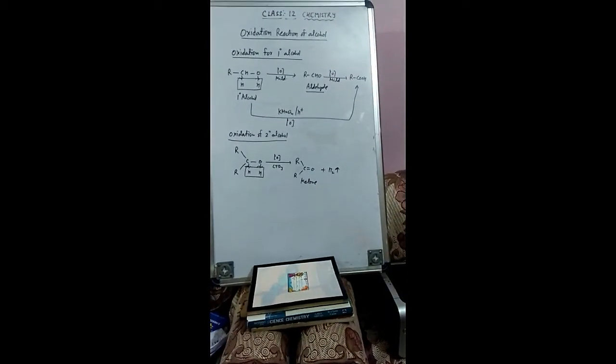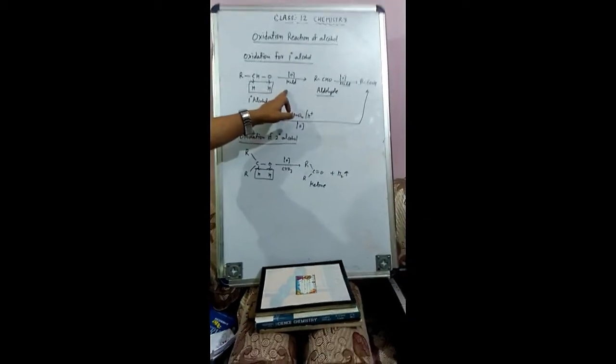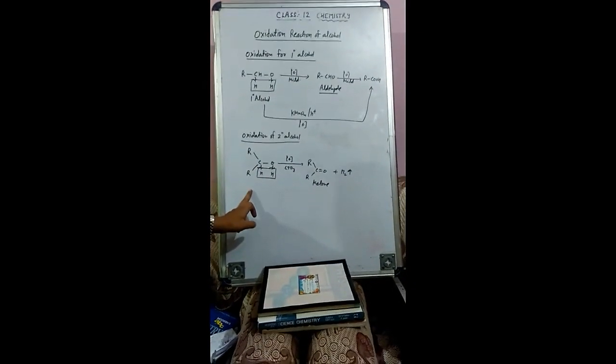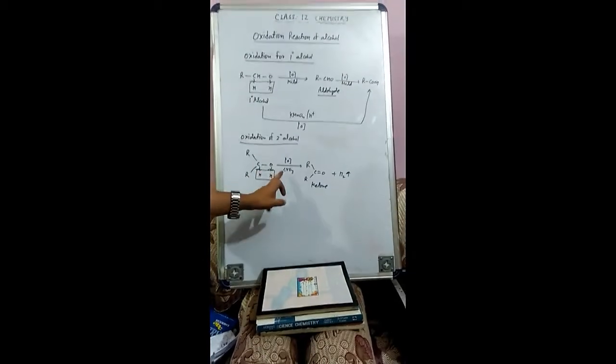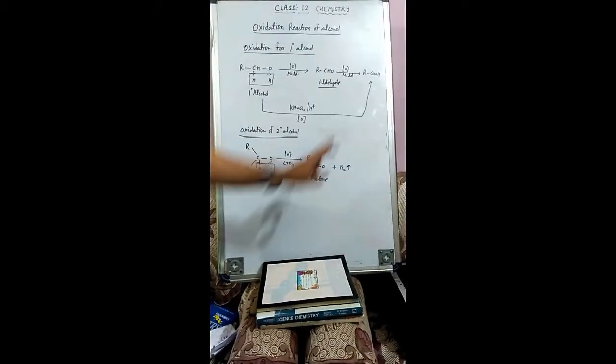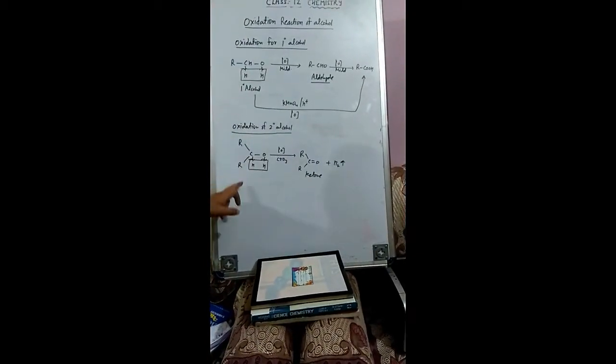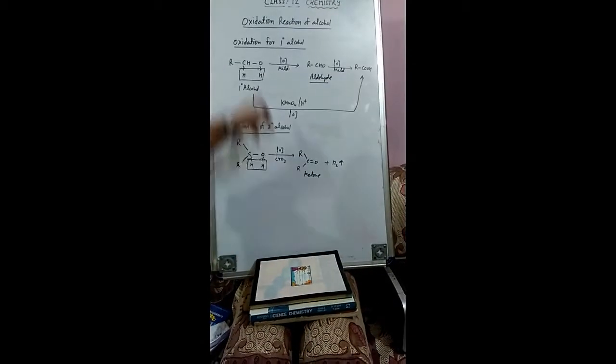That means a primary alcohol during oxidation with a mild oxidizing agent gives us an aldehyde, whereas a secondary alcohol during oxidation gives us a ketone. Now if you see, in both reactions the H2 molecule is eliminated.